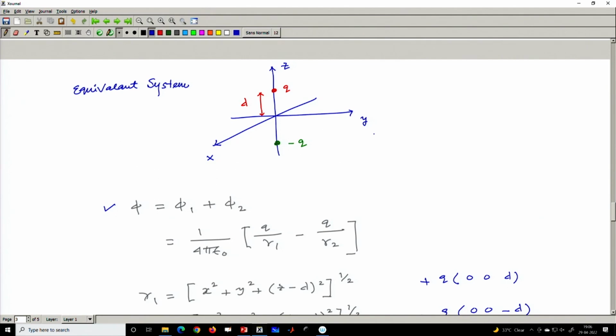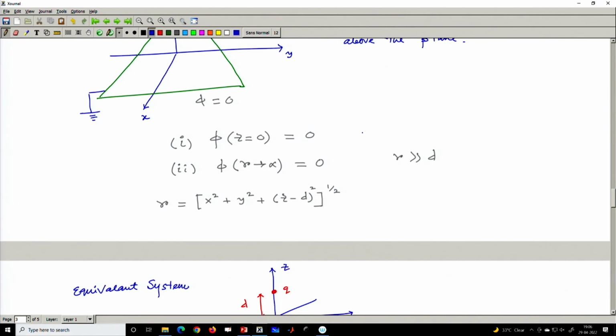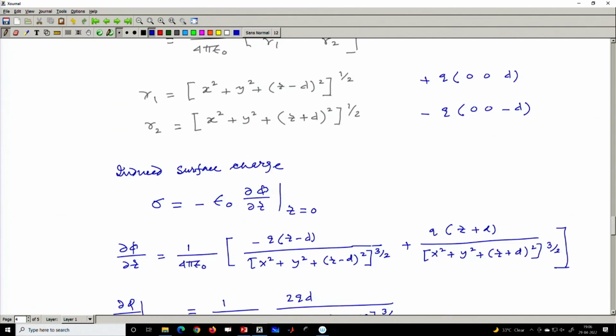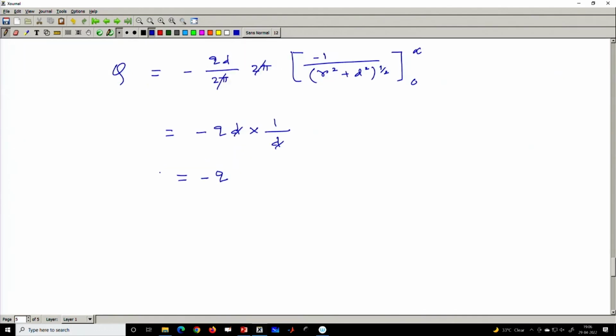It satisfies the two boundary conditions marked here, and exploiting that potential we find the induced surface charge is q equal to minus q, which is expected. So this is an elegant way to solve the boundary value problem.